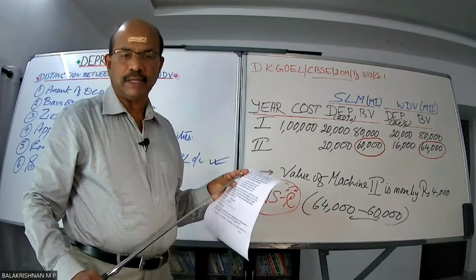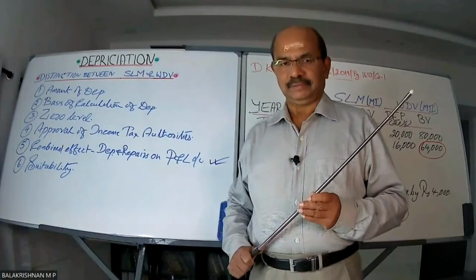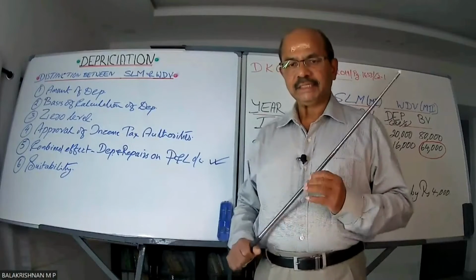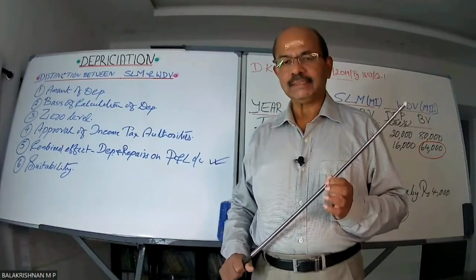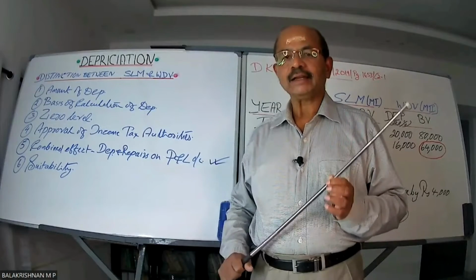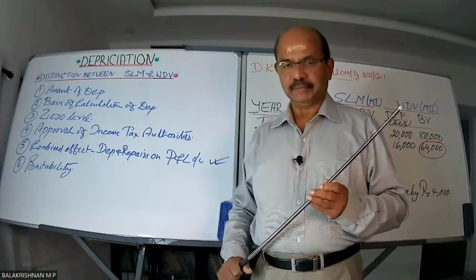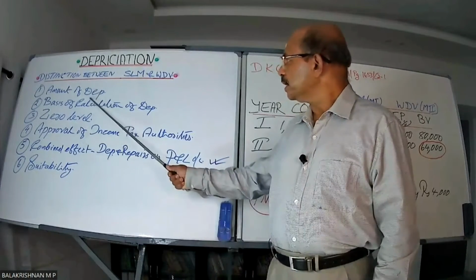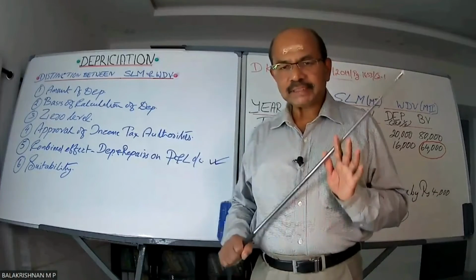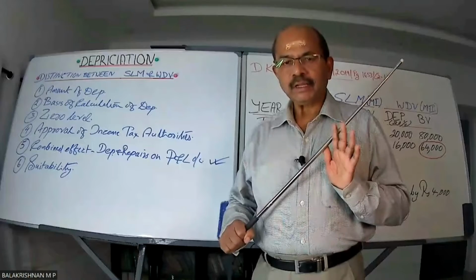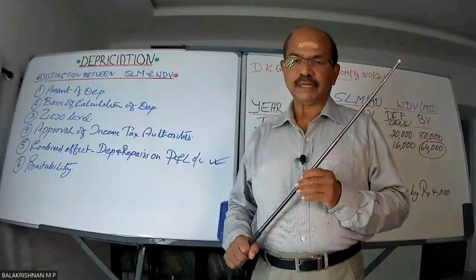Thank you. Now let me explain elaborately the distinction between these two methods of depreciation, the straight line method and the written down value method. There are mainly 6 items. Item number 1, amount of depreciation. Under SLM, the same or equal amount of depreciation is charged every year.